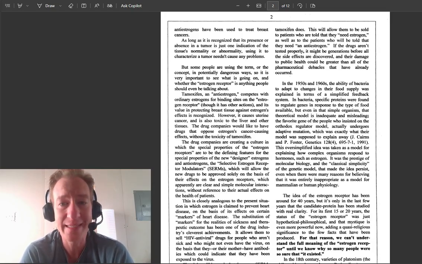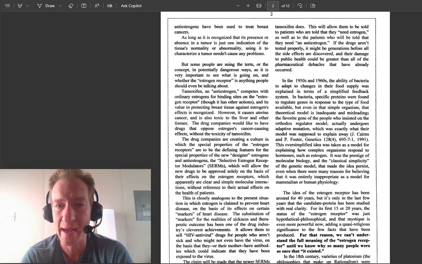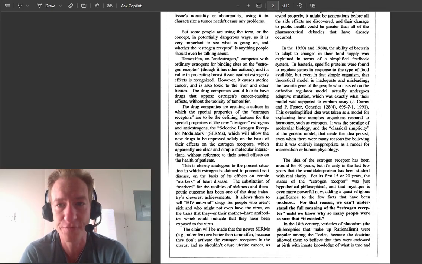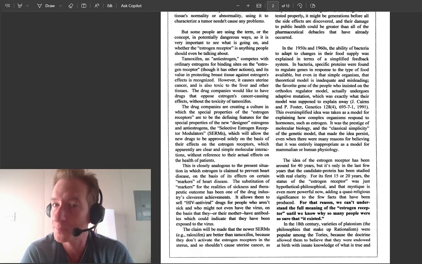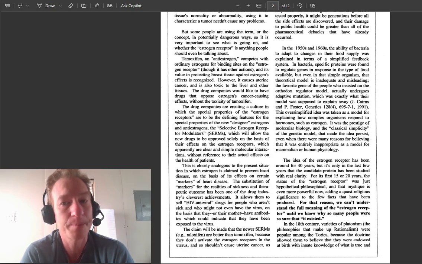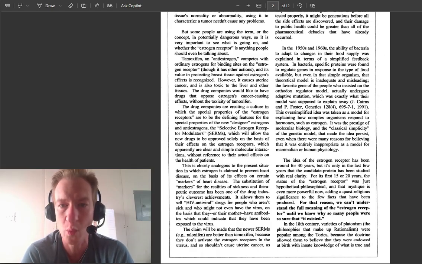In the 1950s and 1960s, the ability of bacteria to adapt to changes in their food supply was explained in terms of a simplified feedback system. In bacteria, specific proteins were found to regulate genes in response to the type of food available. But even in that simple organism, that theoretical model is inadequate and misleading. The favorite gene of the people who insisted on the orthodox regulator model actually undergoes adaptive mutation, which was exactly what their model was supposed to explain away.